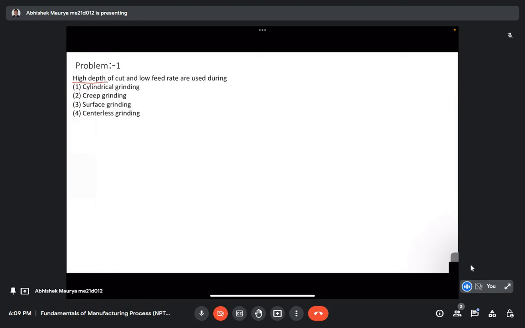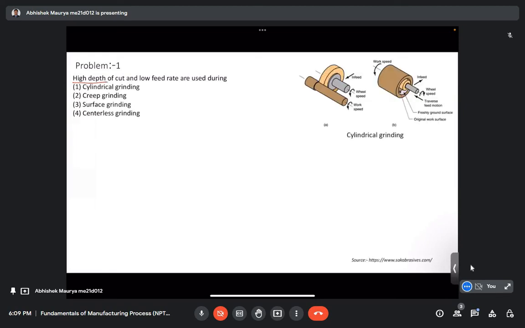So first one is the cylindrical grinding. So this is the schematic of the cylindrical grinding. This process is used to grind any cylindrical object, or this process is mainly used for surface finish. It may be internal surface or it may be external surface.